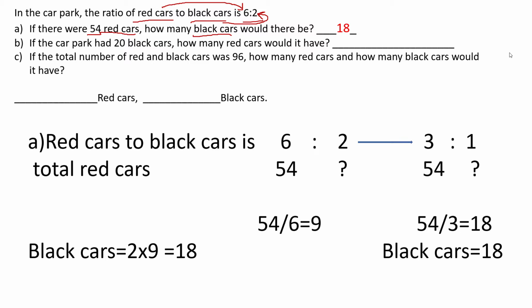So what we must do first is simplify it. Since we can easily simplify it, we'll simplify this by dividing it by 2, and simplifying this by dividing it by 2.